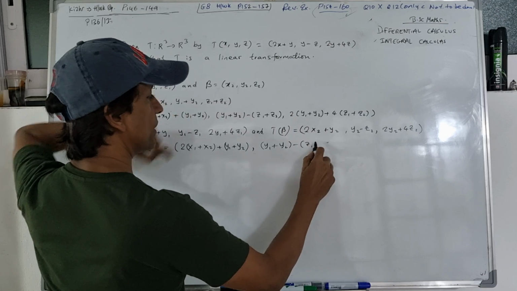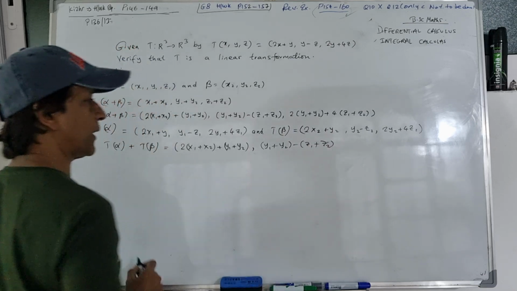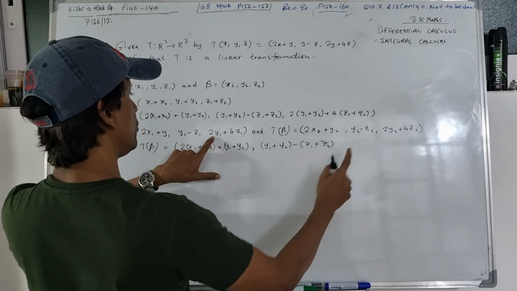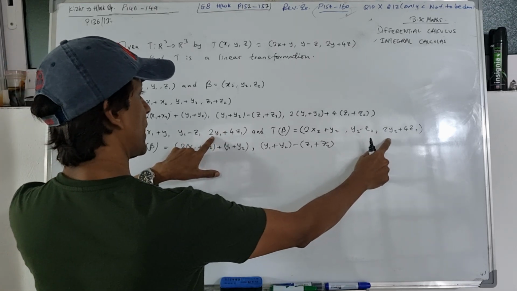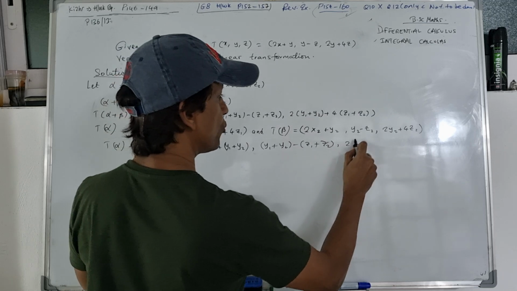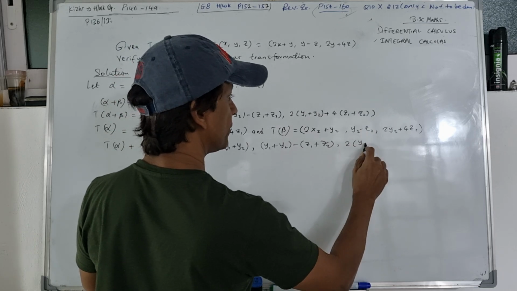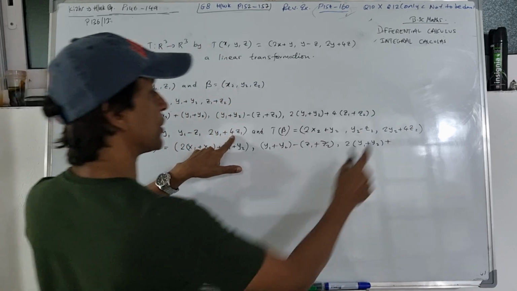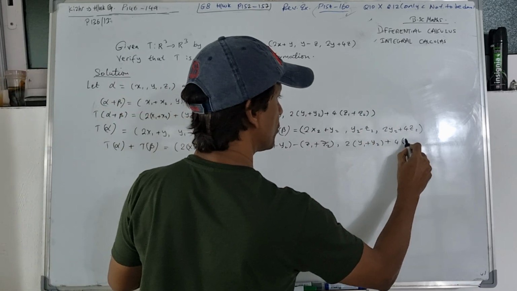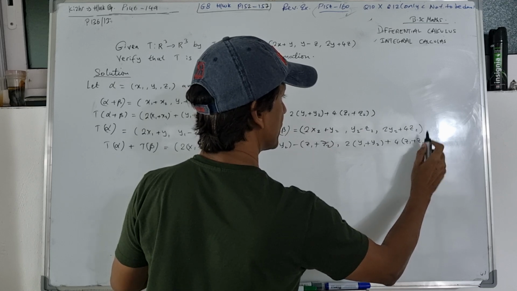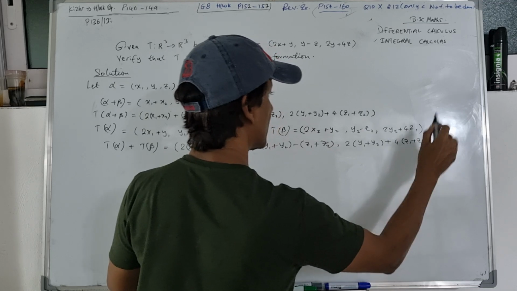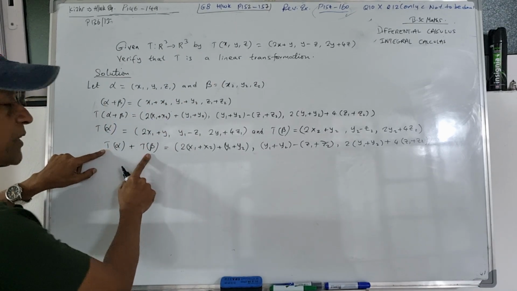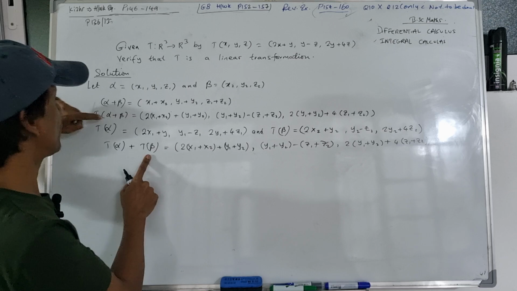So if I add these up, I get y1 plus y2 minus (z1 plus z2). Then I add the third elements: 2y1 plus 2y2, so 2 times (y1 plus y2), plus 4z1 plus 4z2, so plus 4 times (z1 plus z2). As can be seen, T of alpha plus T of beta is equal to T of alpha plus beta.